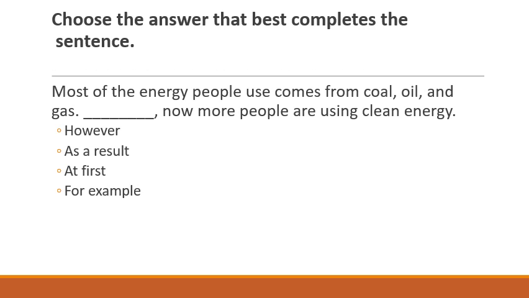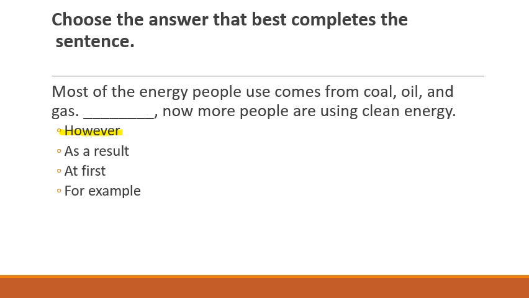Choose the answer that best completes the sentence. Most of the energy people use comes from coal, oil, and gas. Is it however, as a result, at first, for example, now more people are using clean energy? So the correct choice is however.